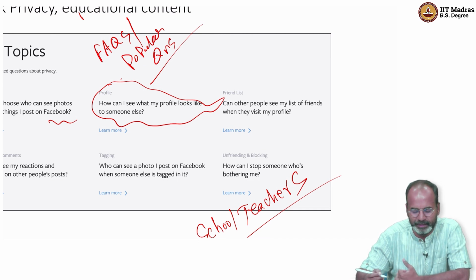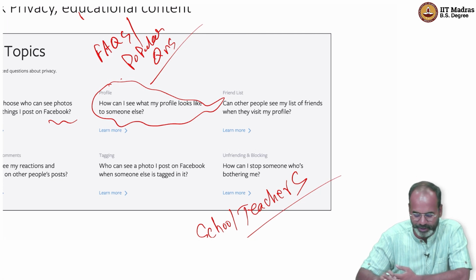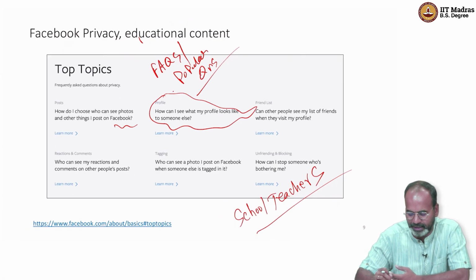Or if you're connected to me, something like that. Essentially if you're not connected to me, you should be able to see only the public posts that I make, right? So that's the idea. Tagging, who can see a photo I post? Can other people see my list of friends? How can I stop someone who's bothering me?